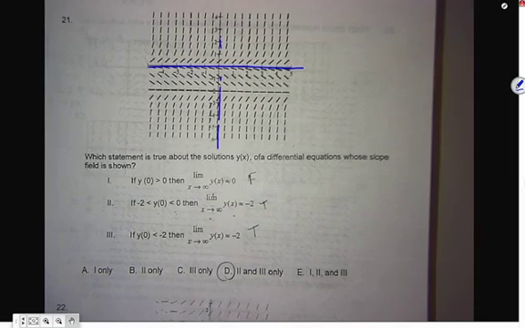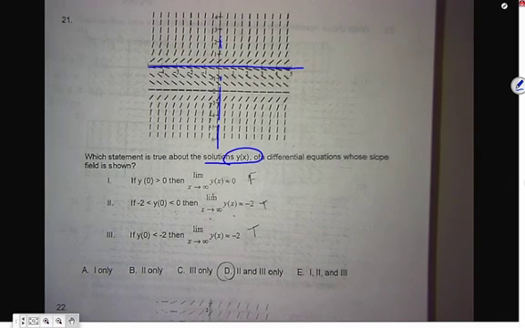It's asking what is true about the solutions of the differential equation. The solutions would be the path that the graph takes on, whatever graph we could see in there.